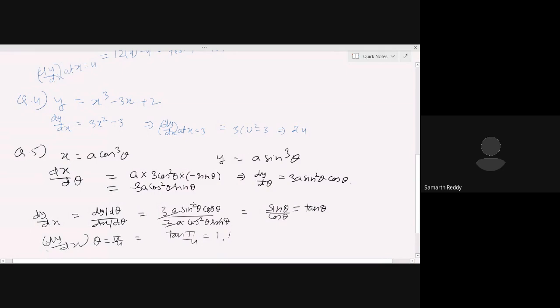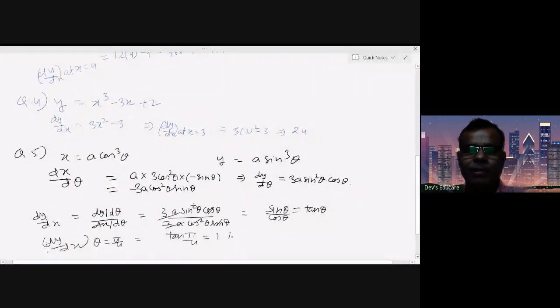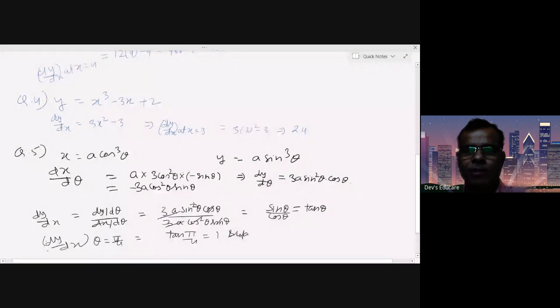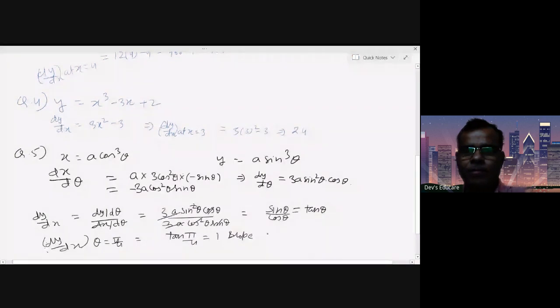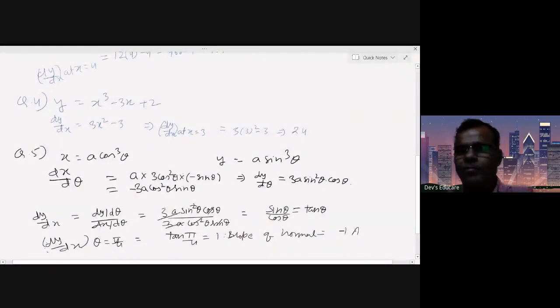This is the slope of what? Tangent. This is not the answer, so we have to find the slope of the normal. Therefore, the slope of normal will be minus 1. So this should be the answer.